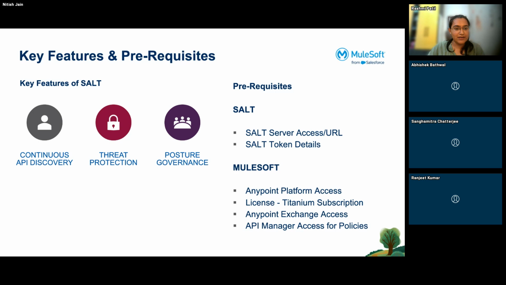As we will be adding it as a custom policy in our API, we should have API Manager access as well. These are a few of the key prerequisites required for Salt Security.